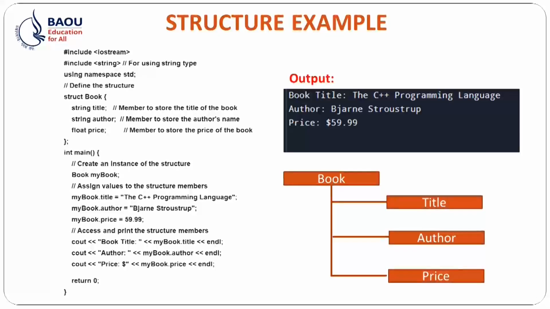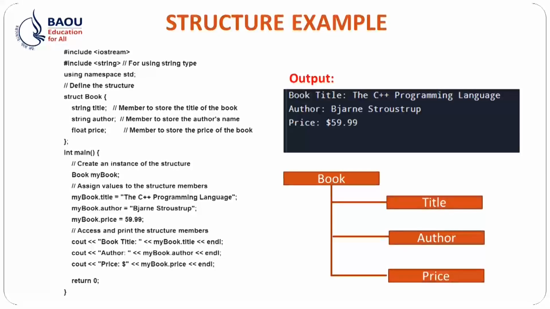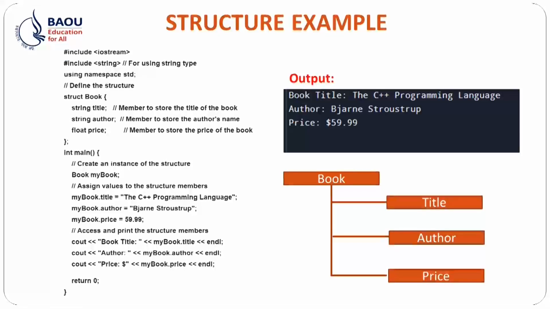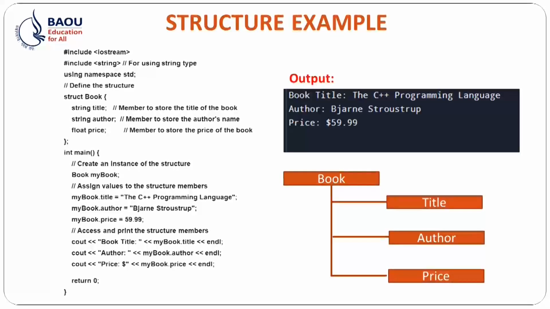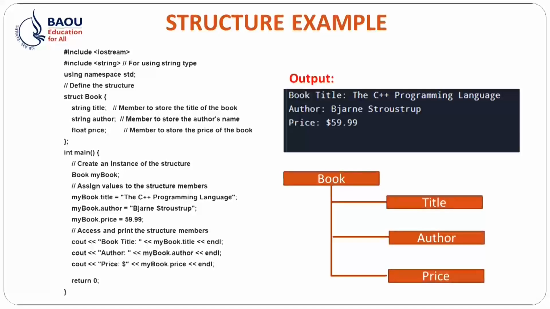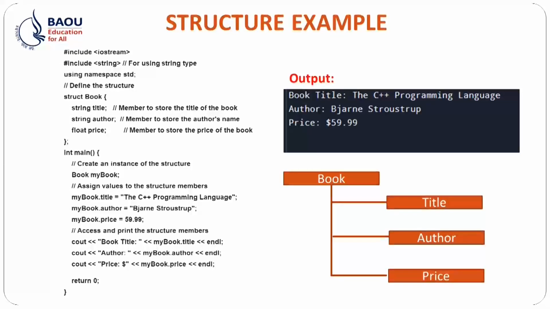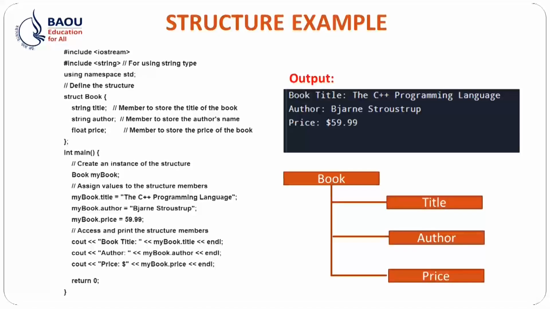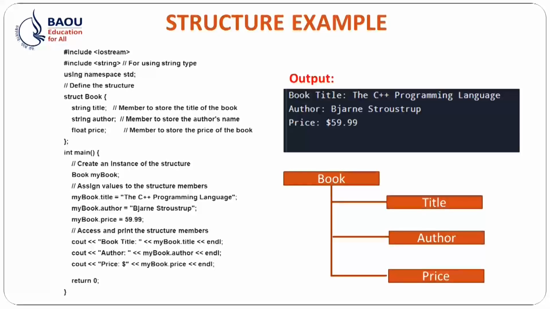After we define our structure, in int main we declare one variable, my book, which has the book structure. As we declare our normal variables, we can also declare our structure variables in the same way. After creating our instance of a structure, we assign values to the structure members.